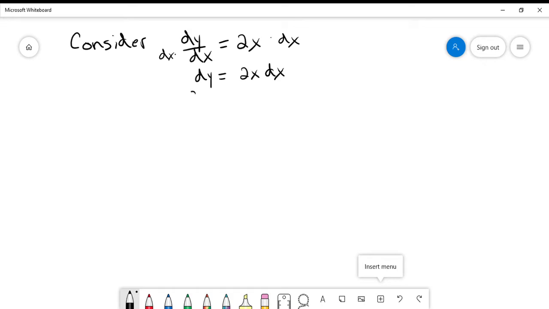And if I integrate both sides, integrate dy and integrate 2x dx, I get that y equals 2x squared over 2, which we know is just x squared, plus c.